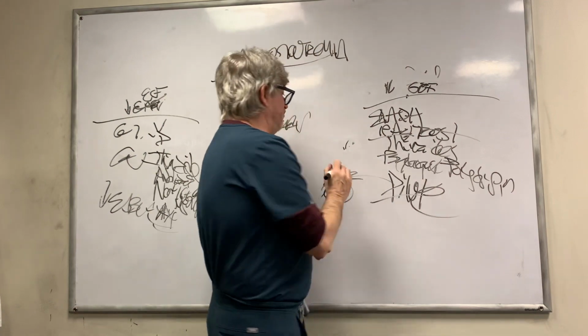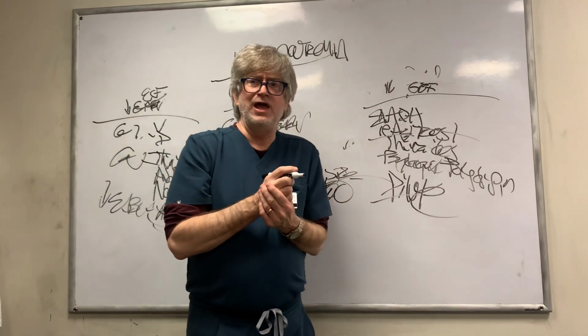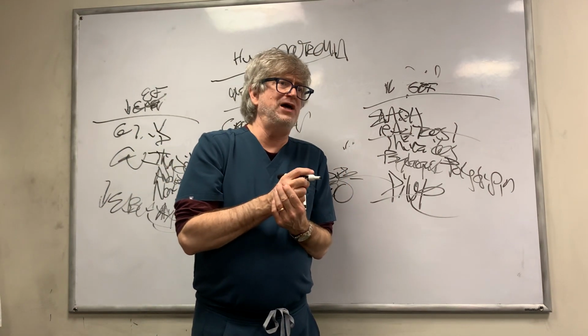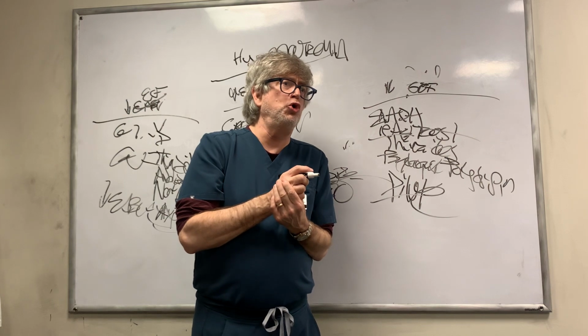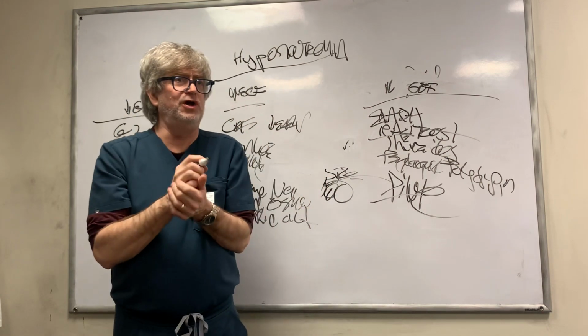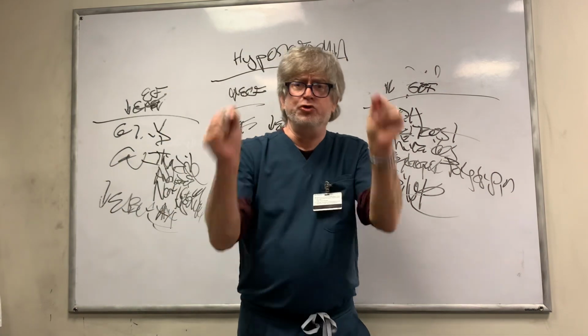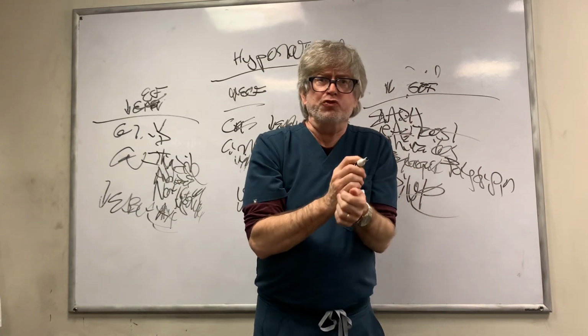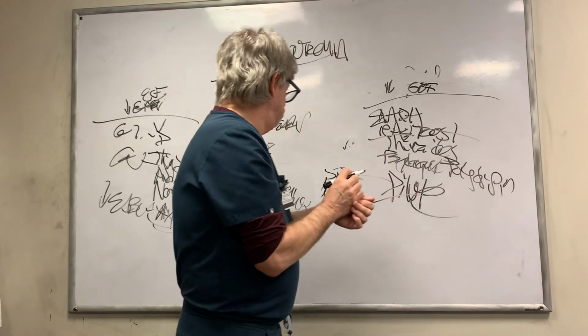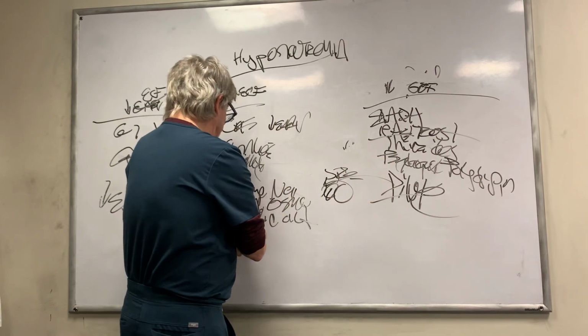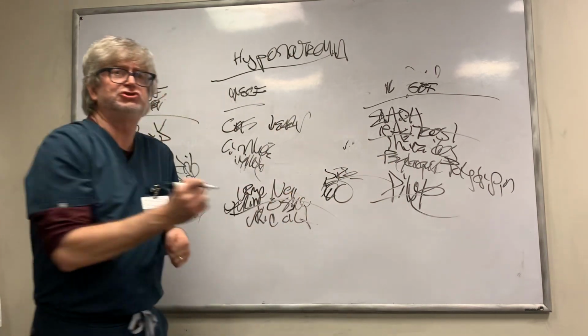So you could have one patient, okay, who's got a urine osmolality of 230, and you're going to say, well, the urine osmolality is less than the serum osmolality. It doesn't matter. They're not diluting the urine appropriately. And that's also very important for treatment. This is a very important test.